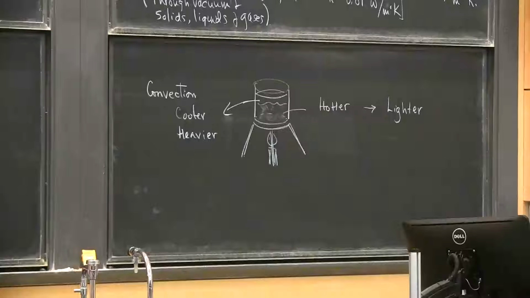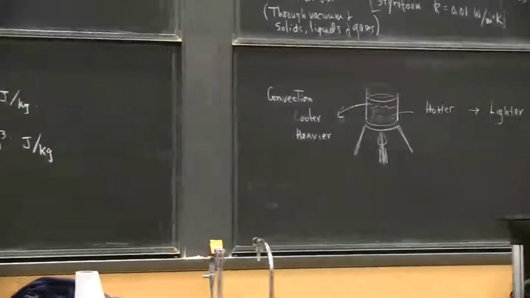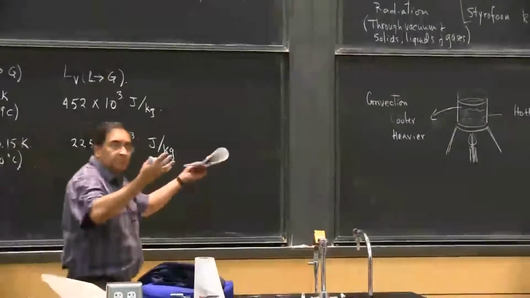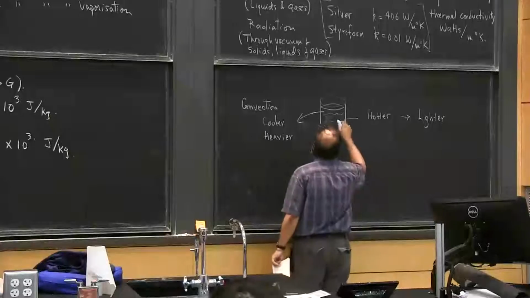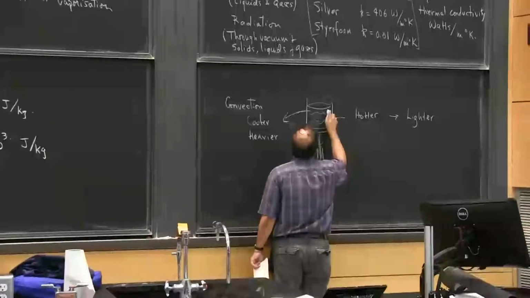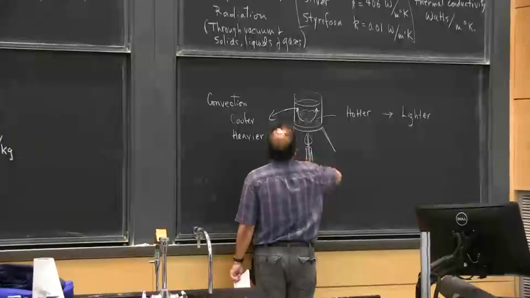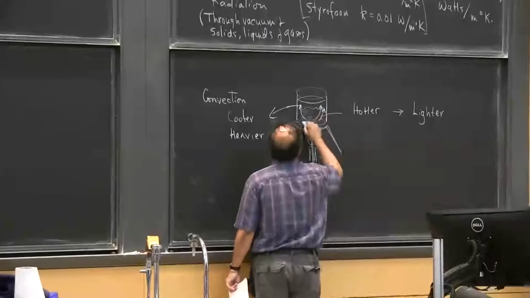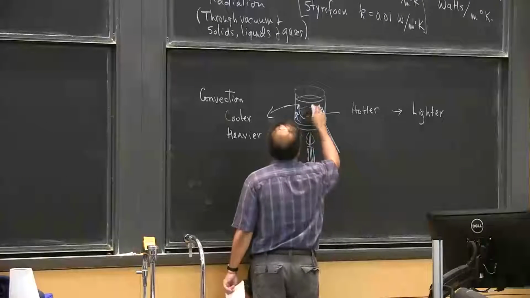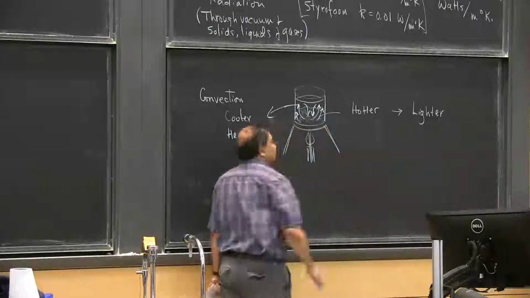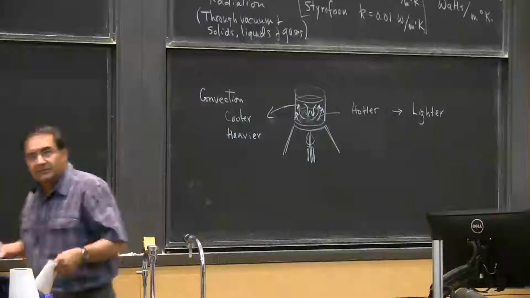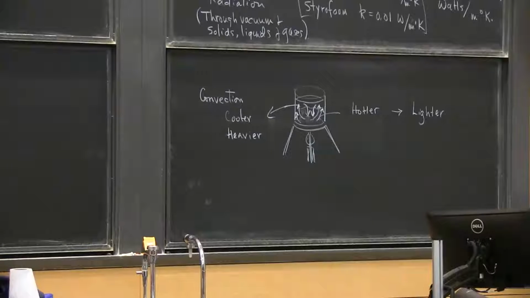So as you can see, applying this heat should cause some motion, because something that is light would like to rise up and something that is heavy would like to come down. And what happens is that the light stuff stabilizes into rising up like this, whereas the heavy stuff comes down like that to take the place of the hotter liquid that is vacating the area near the flame and trying to go up.